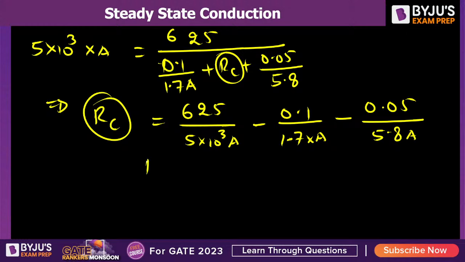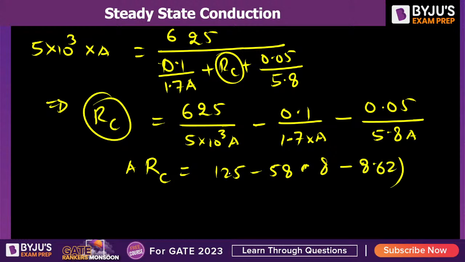That is called unit thermal resistance. A multiplied by RC will be equal to 125 minus 58.8 minus 8.6 into 10 to the power minus. The unit will be meter square Kelvin per unit.